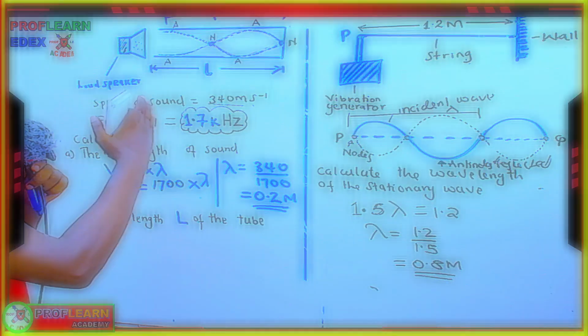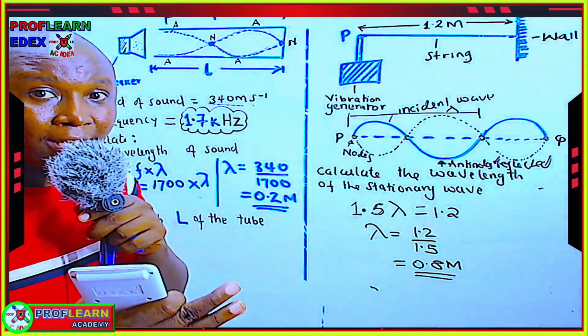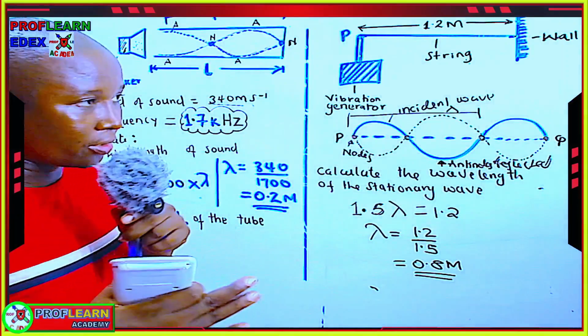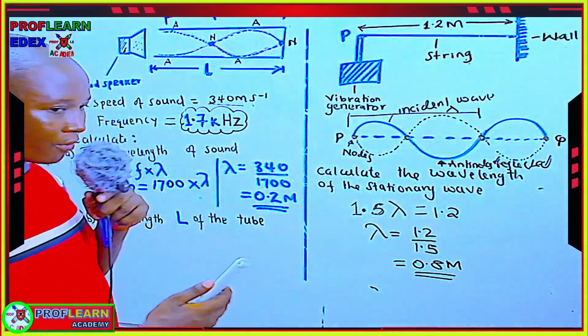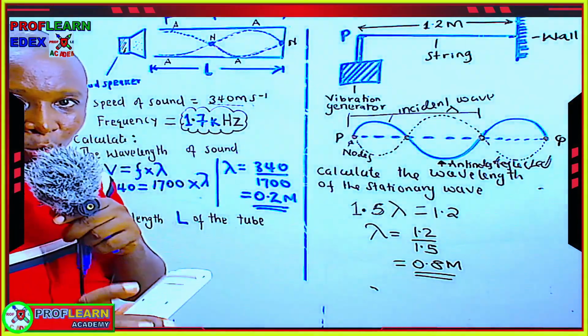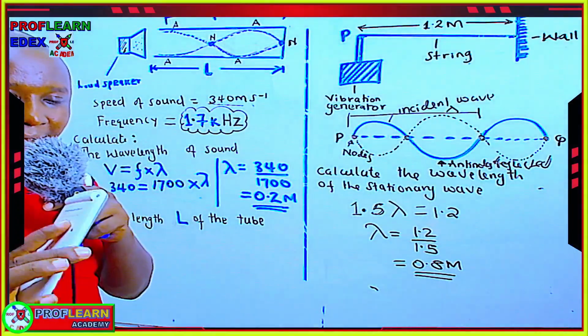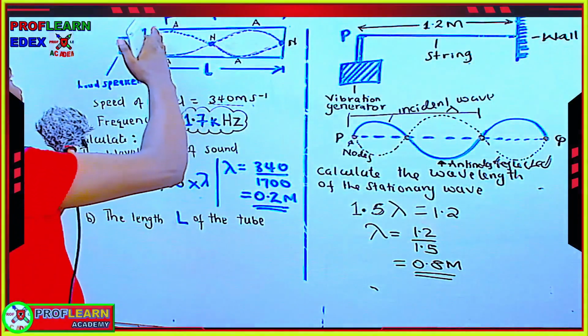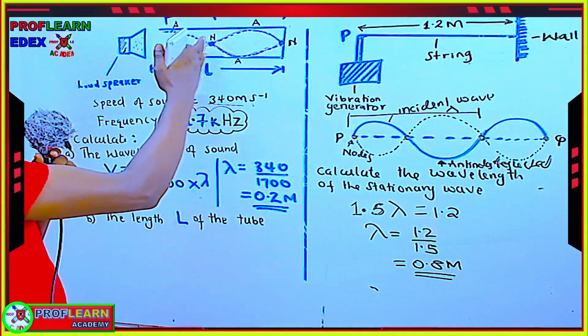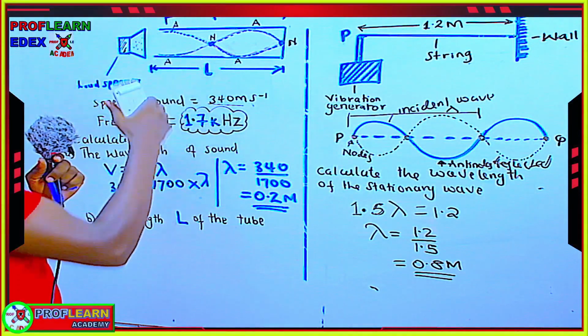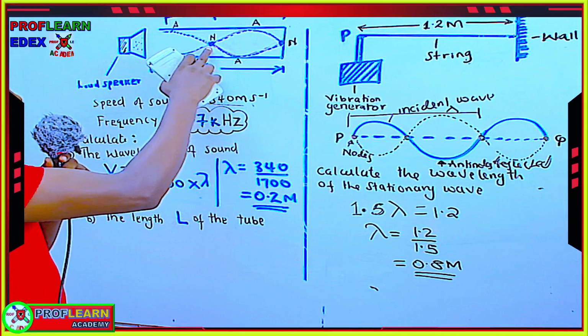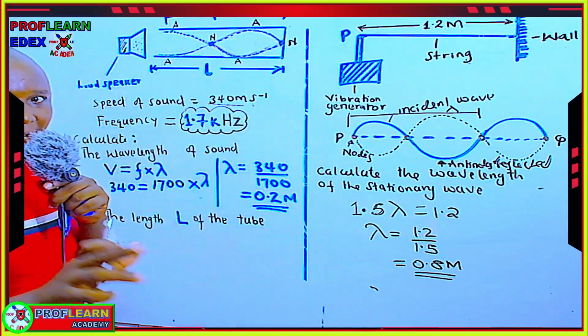The distance between an antinode and a node gives you a quarter of a wavelength, and the distance between two adjacent nodes gives you half a wavelength. So between this antinode and this node, we have a quarter of a wavelength, and from this node to the other node, we have half a wavelength.